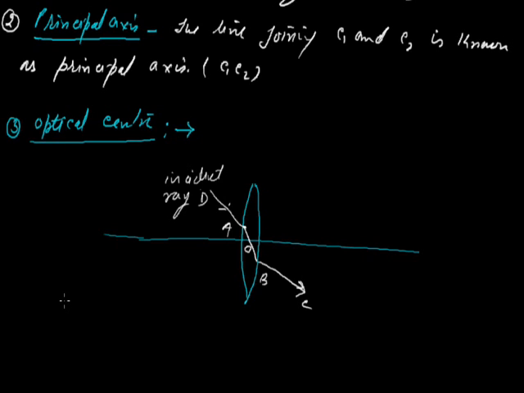Then the intersection point of refracted ray and the principal axis is known as optical center O. This ray is known as refracted ray.